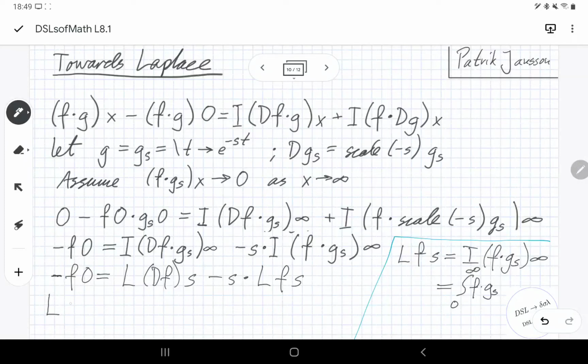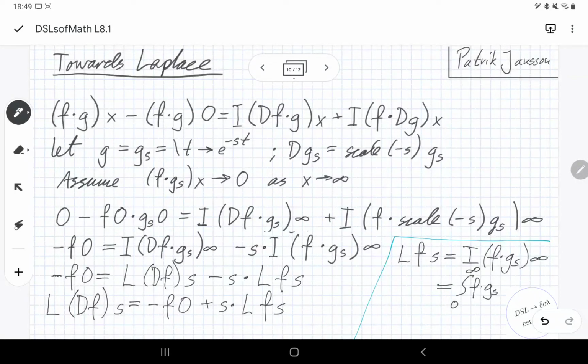Computing the Laplace transform of the derivative of a function at s, meaning that we're using the g_s, the function with the index s there, is the same as, and if we look here, minus f of 0, and then as we move this over to the other side, plus s times the Laplace transform of f at s.